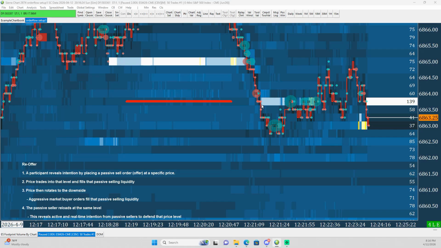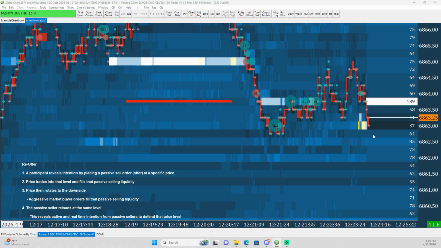It could be the case that an offer steps in right here, gets filled, price moves under it, and then pulls back into 6863.5, where the reoffer activity occurs. Under that condition, although it's not at the same price level, it's within the same region, and it's still validating that sellers are attempting to defend this price level.